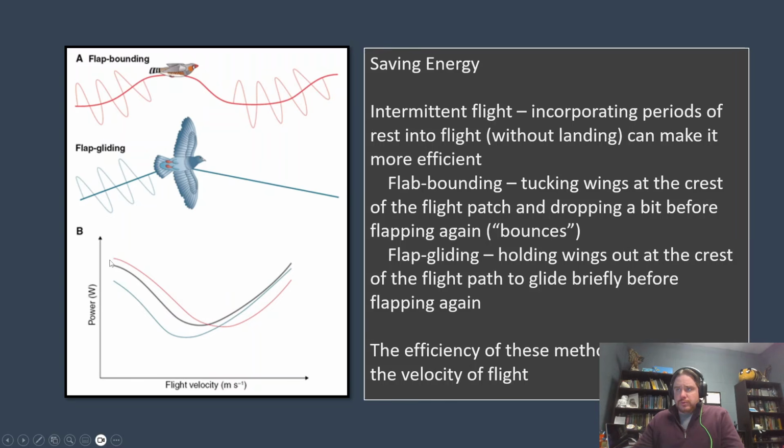But note that for flap bounding, that's not really the case at these lower speeds. It's less efficient to flap bound at lower speeds than it would be to just do a normal flapping behavior.